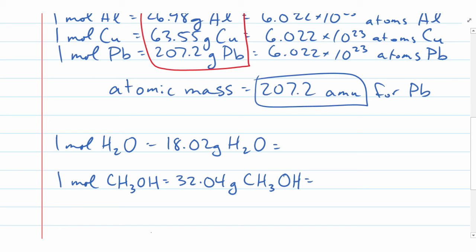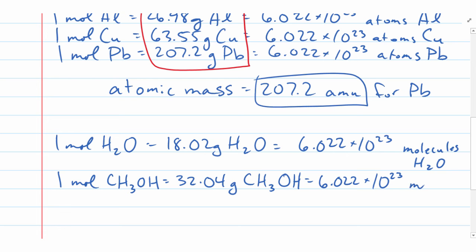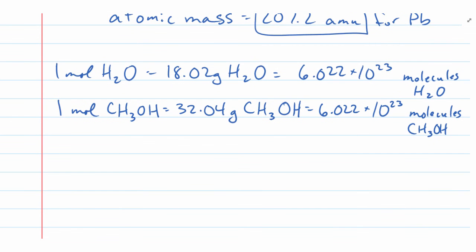Now, of course, if I have a mole of something, that means I have a number that's equal to 6.022 times 10 to the 23rd. But now we no longer label these as atoms, but we label them as molecules. So we'd have Avogadro's number of molecules of water, or Avogadro's number of molecules of methanol. And we call them molecules because if we look at something like water, let me put out a formula for methanol here really quick.